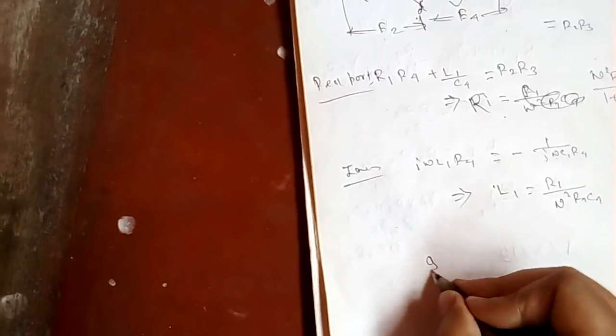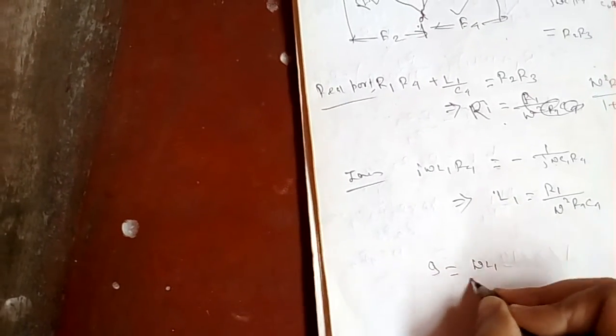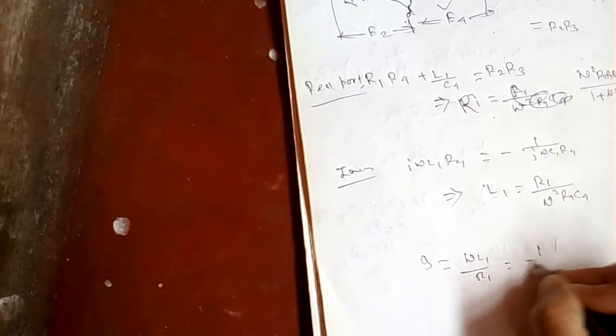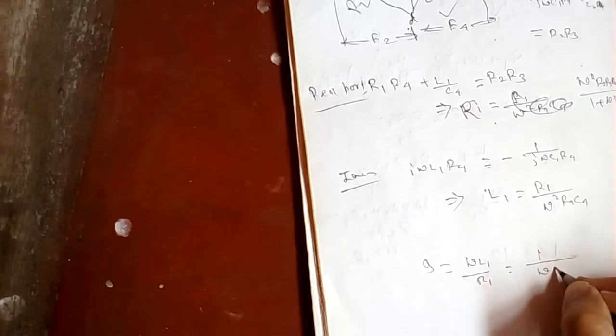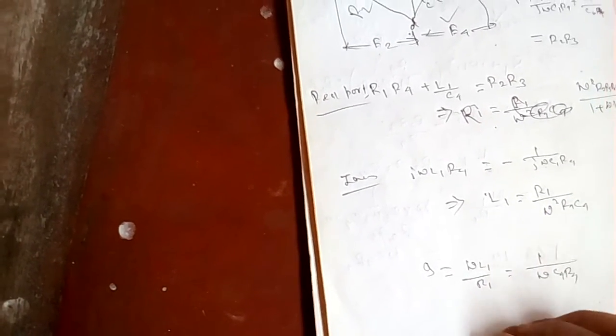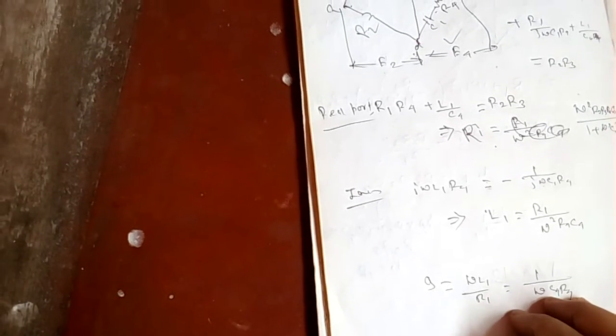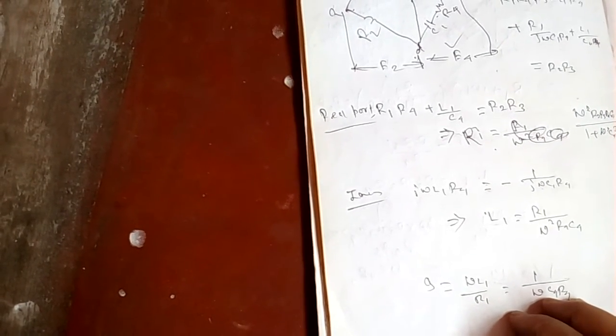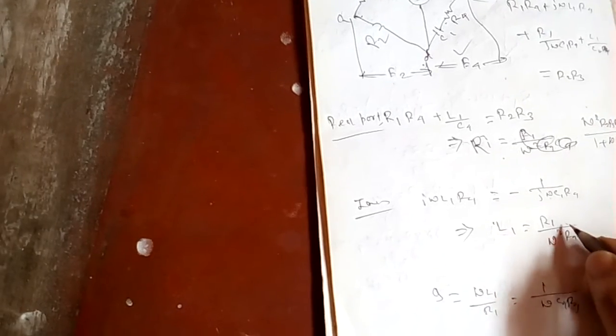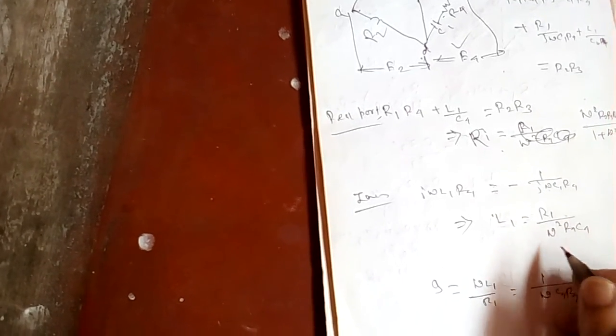So if we calculate Q equal to ωL1 by R1, we get the equation 1 by ωC4R4. If we calculate this Q value, then L1 we get from R1, R2, R3, C4.